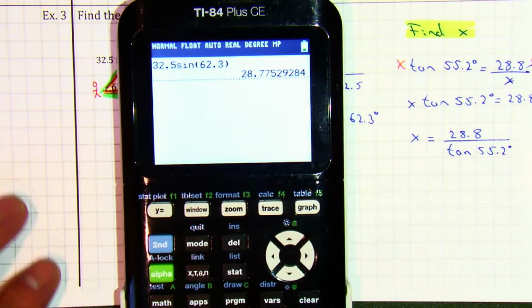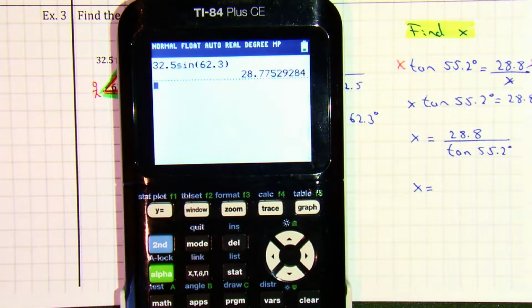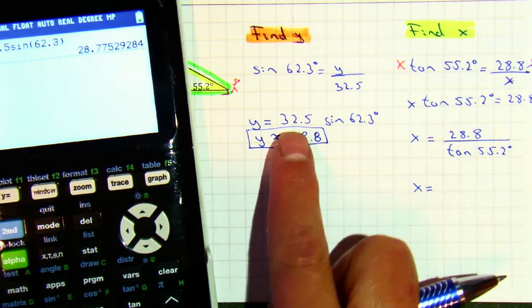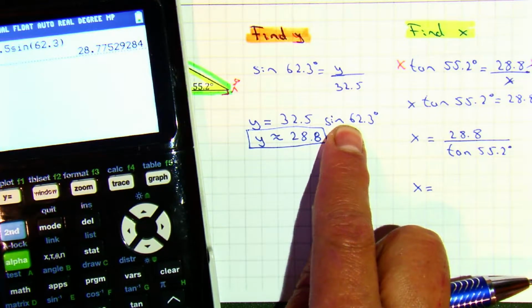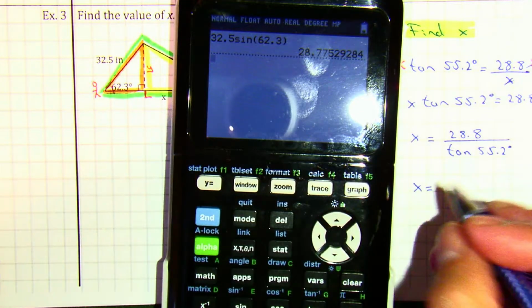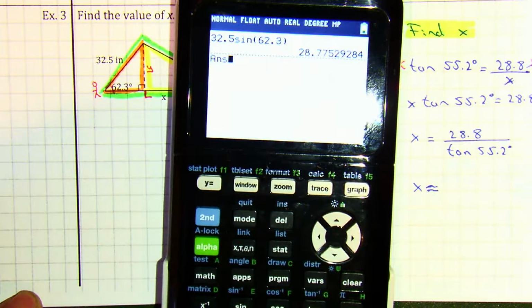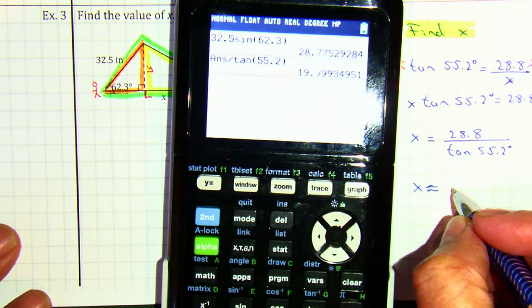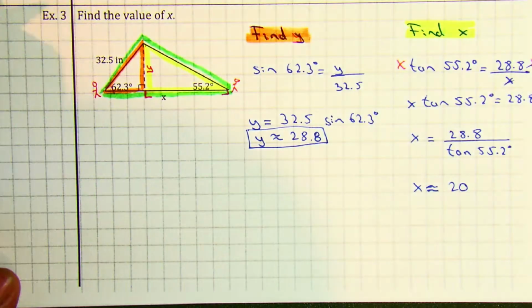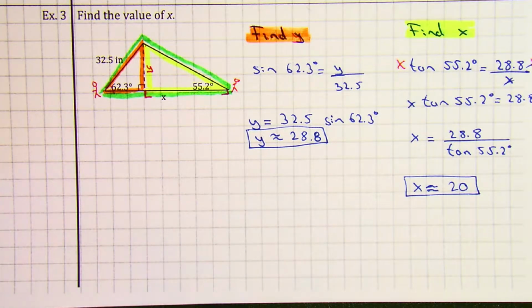Now when I divide this, if I need an exact answer, I will actually be placing 32.5 sine of 62.3 divided by the tangent of 55.2. In this case, we are just going to get an approximation. So I'm going to get my answer divided by the tangent of 55.2 degrees. And that gives us about 19.9, so it'll be 20. x is about 20 units. And we found the value of x.